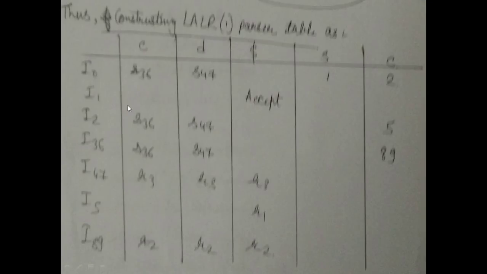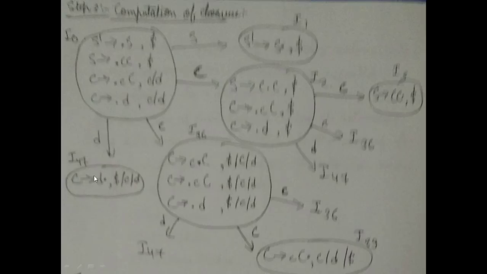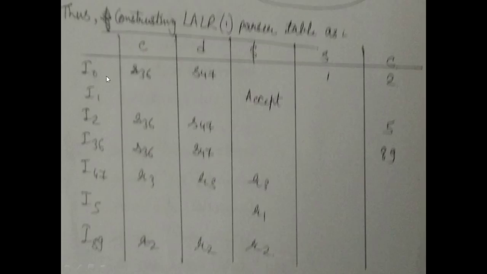The only difference is we get new shift values according to the new states we got in the previous step. Like if the transition is I0 to I36 for the C terminal, then for I0 we write S36 under terminal C. That's how you can see the changes.